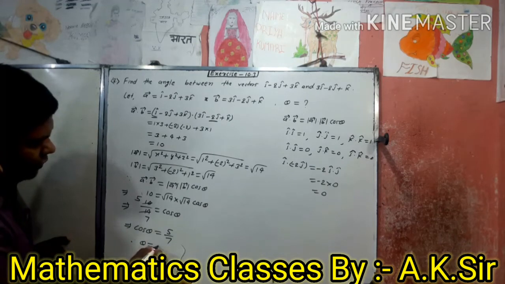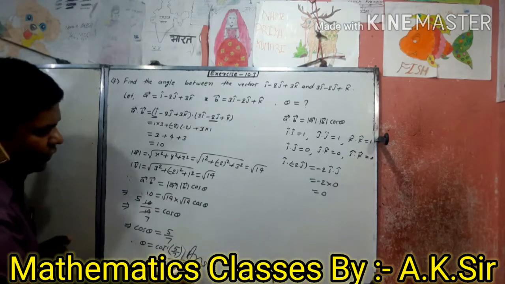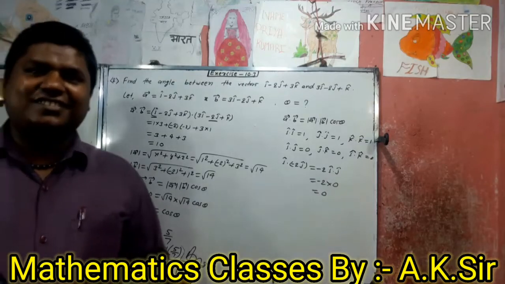It means theta is equal to cos inverse 5 by 7. This is our answer.